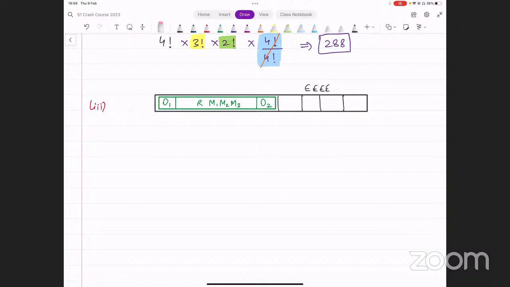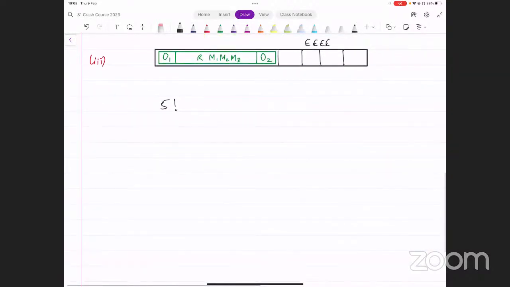All right. Now, how do we find the number of arrangements in this case? We start from the outer boxes first of all. How many outer boxes do we have? We've got 5 outer boxes, so for the 5 outer boxes we have 5 factorial. But out of these 5 boxes, 4 have E's in them, and all of those E's are identical.